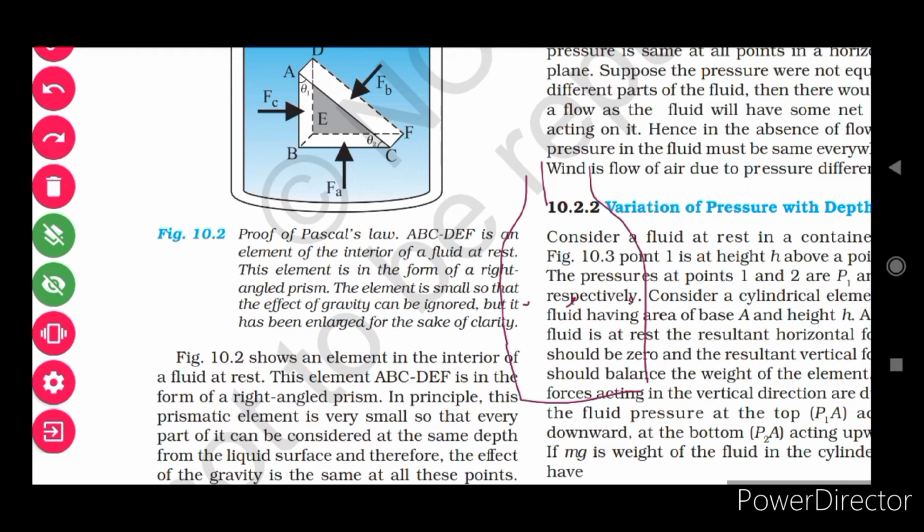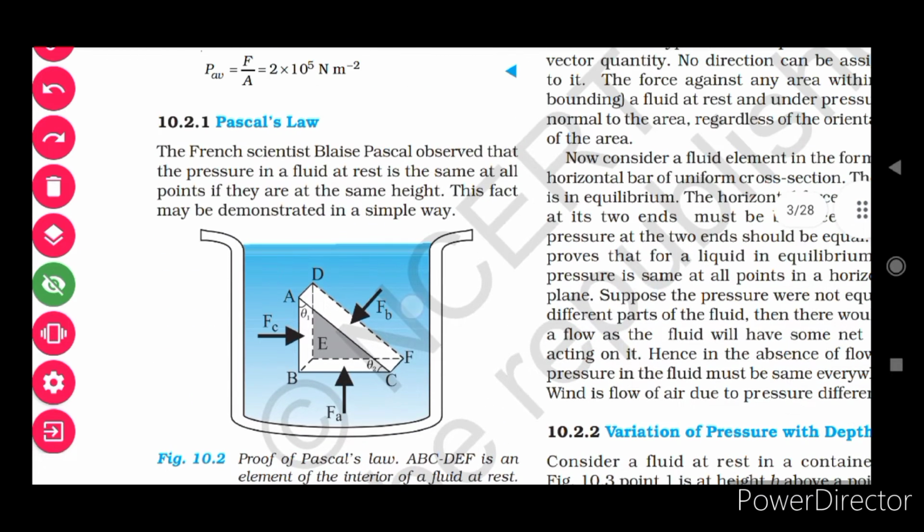Now you pour water from above to fill the bottle, and what you'll observe is that the jets coming out of the bottle go to the same distance. So this proves that points in a liquid at the same level have the same pressure. Coming back to what he mentioned.